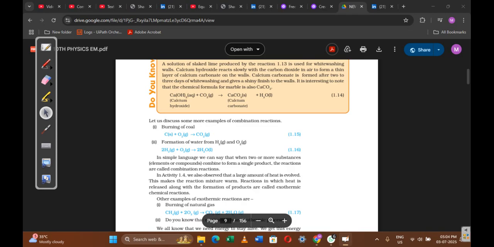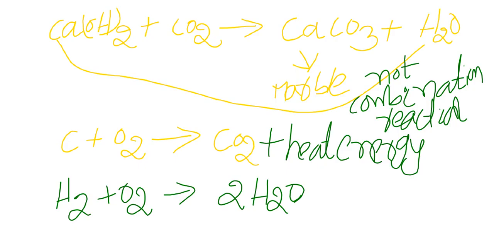They are in the form of gas, and form liquid water. This is also a combination reaction. Two substances react and form a single substance, so this is called a combination reaction. The reaction of coal, carbon with oxygen, is also a combination reaction.